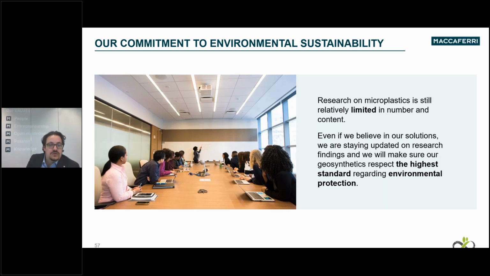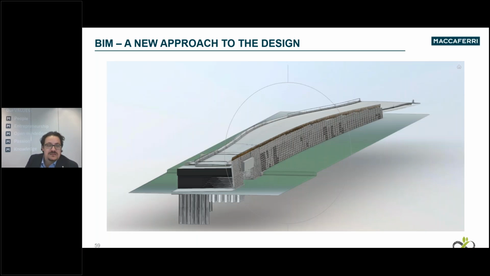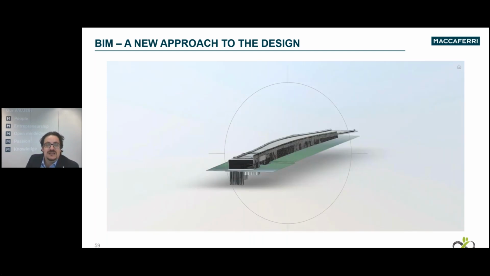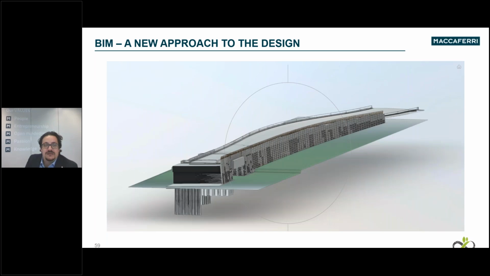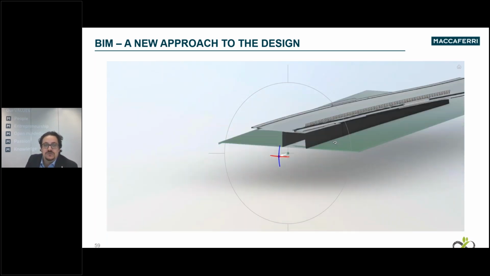Okay, just to close this presentation very fast, I want to show you something about building information modeling, especially at Maccaferri. This is not only a way to represent our product in a 3D view, but a way to make a design according to the parameters and the information that you can insert into your model.